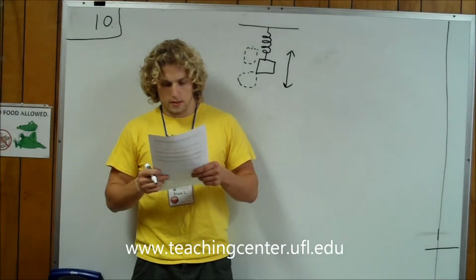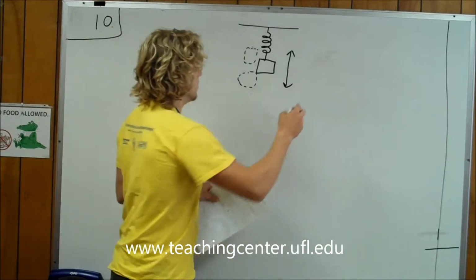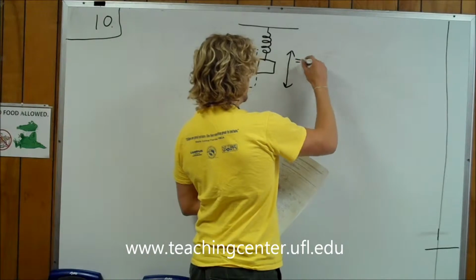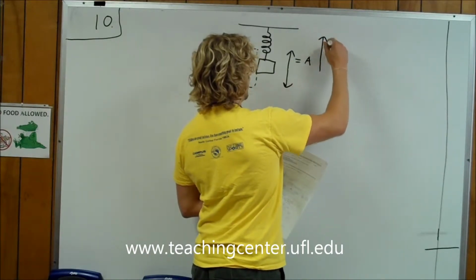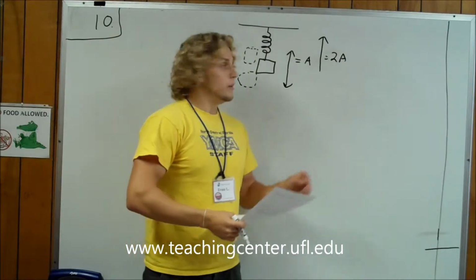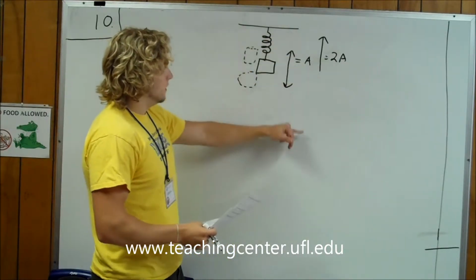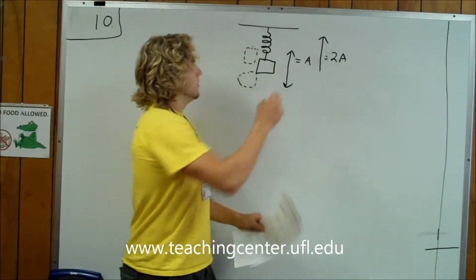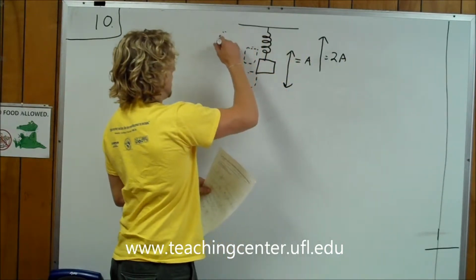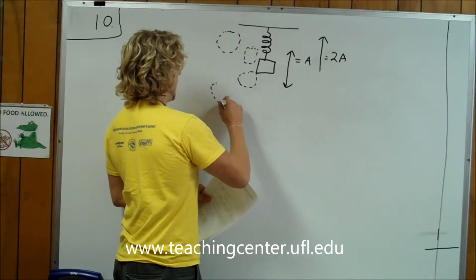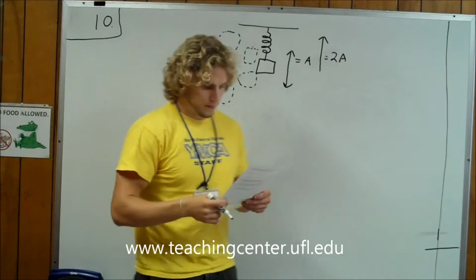The amplitude of the oscillations is doubled, so this is the amplitude right here. If all of a sudden we have double the amplitude, it's going to go a lot higher and a lot lower. So that means that it'll probably be up here and down there.